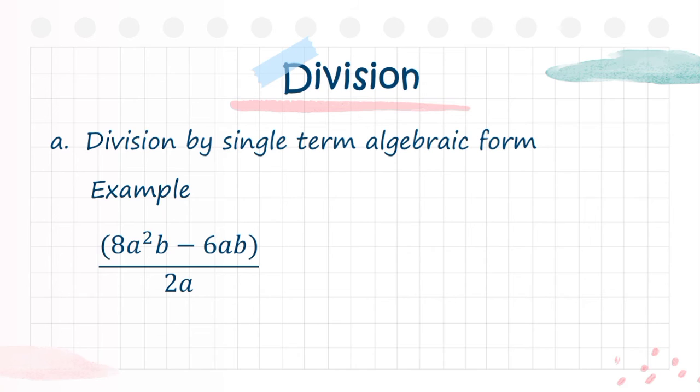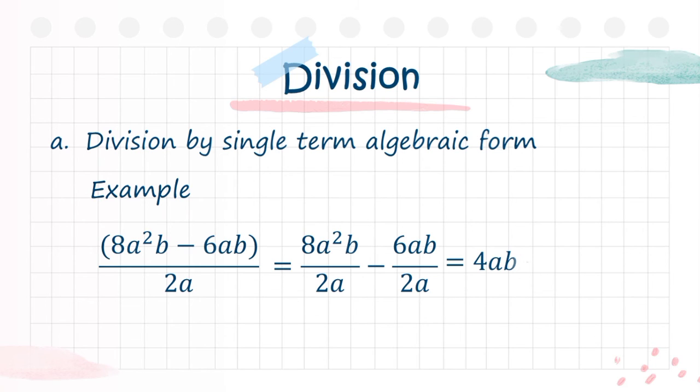We first separate between 8a to the power of 2b and 6ab to be equals to 8a to the power of 2b divided by 2a minus 6ab divided by 2a.